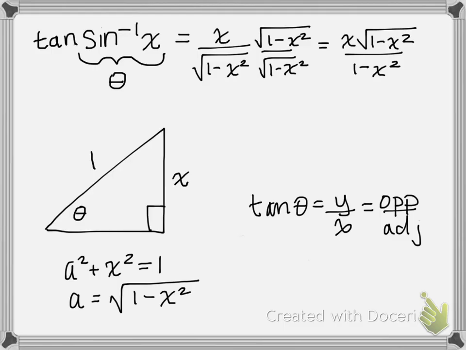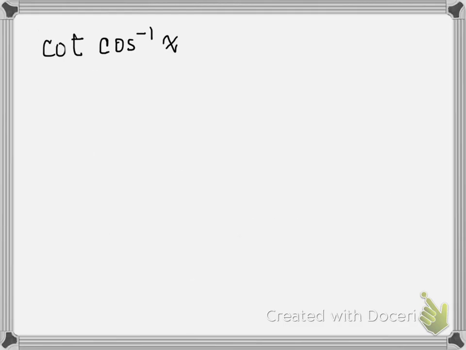All right, let's take a look at another one. Here we'll change it up from tangent to cotangent and from sine to cosine. These are always what we're going to give you or what you're going to get. It's always going to be in terms of x. So if this angle were in a right triangle, the adjacent is x. There's theta, and the hypotenuse is 1.